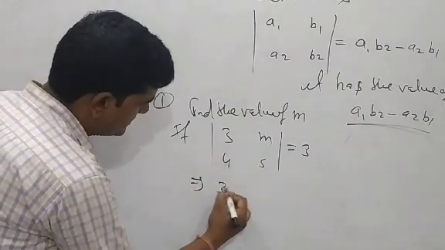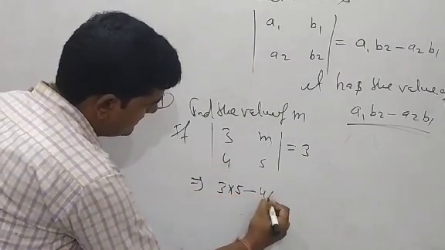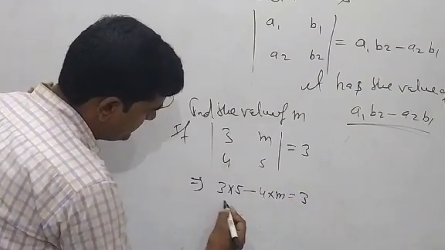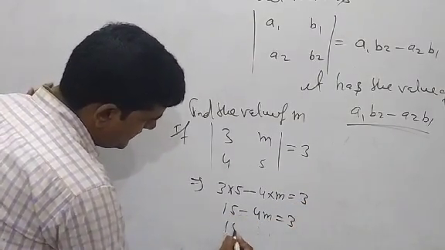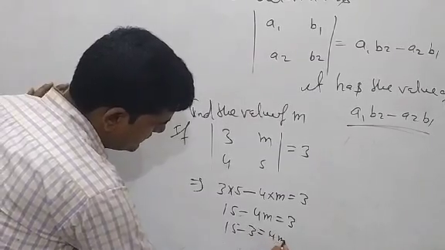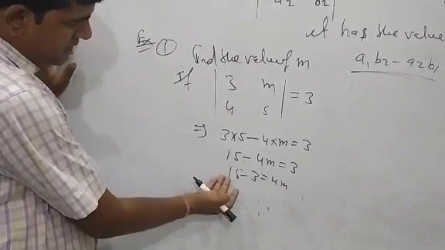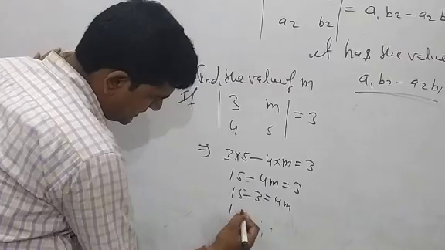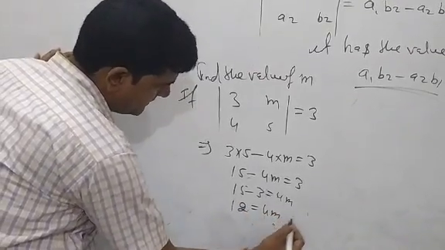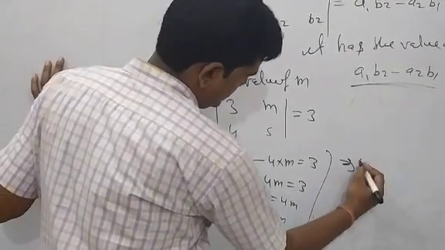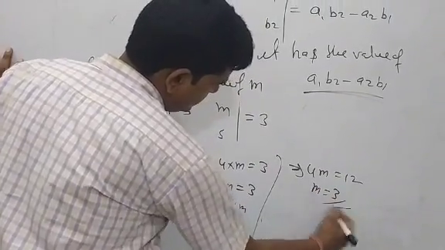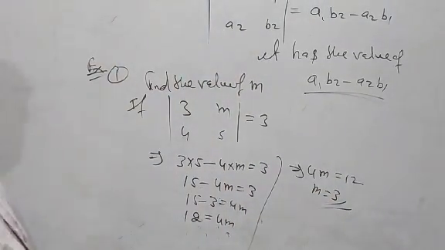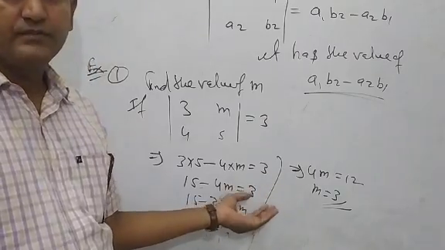Then 3 into 5 minus 4 into m is equal to 3, so 15 minus 4m is equal to 3, and 15 minus 3 is equal to 4m. 15 minus 3 means what? 12 is equal to 4m. Therefore 4m is equal to 12, m is equal to 3. Understood? This is the value of m.